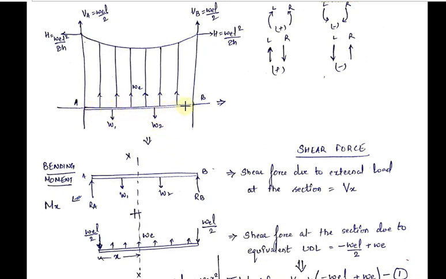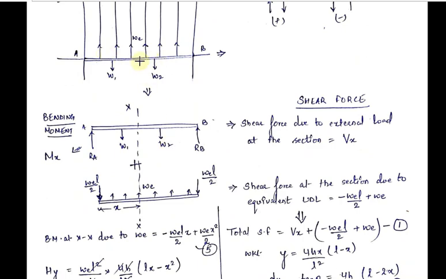If you see this stiffening girder, it is subjected to two types of loads. One is the external loads W1 and W2, and the other is the equivalent load. So I can divide this stiffening girder into two parts, one subjected to the external loads and one subjected to the equivalent loads.